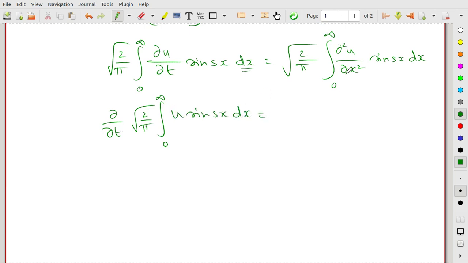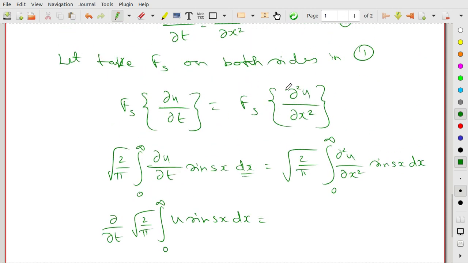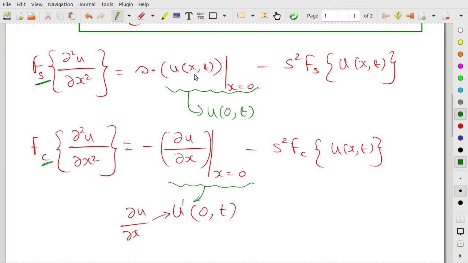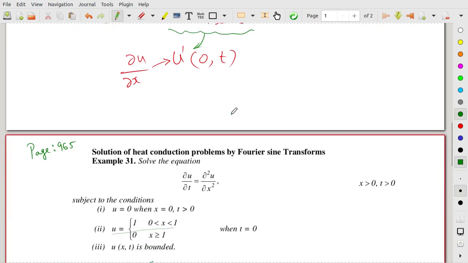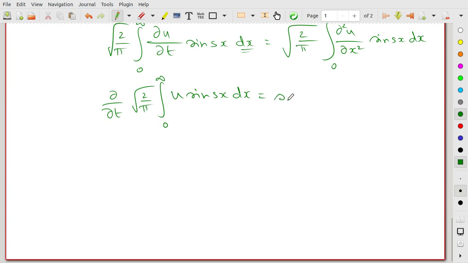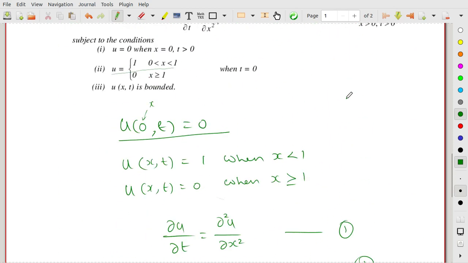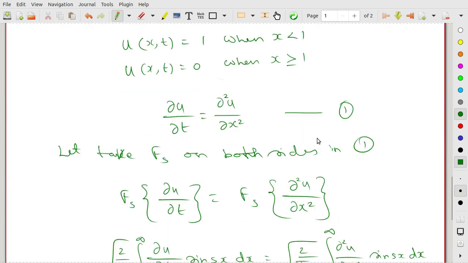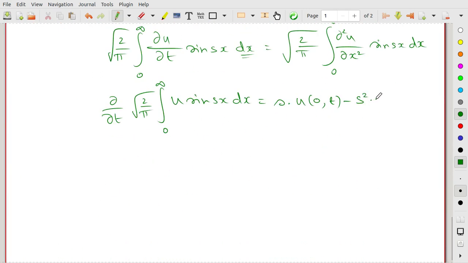On this side, we know that the Fourier sine transform of the second derivative of u is s into u of 0 comma t minus s square into the Fourier sine transform of u of x comma t.